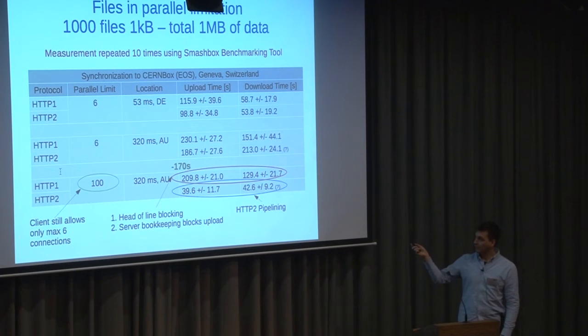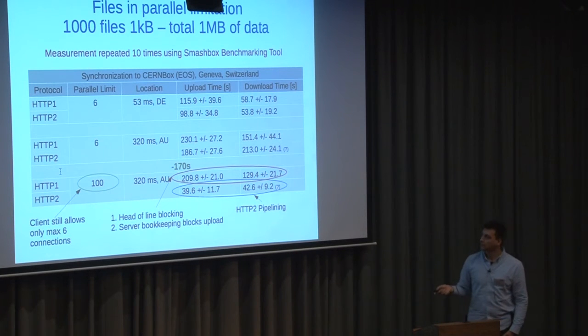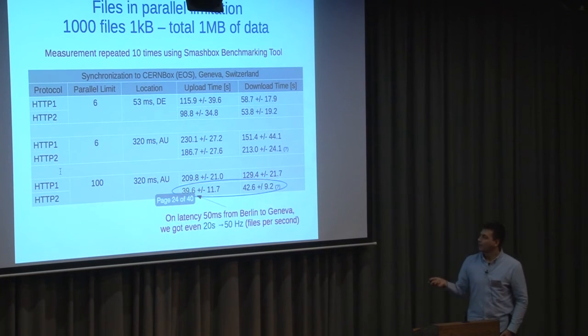In HTTP2 pipelining, I was also surprised that there is no difference here. But this has to be investigated later. In Qt, it just took off, so it's a new feature in Qt. Not in general, of course.